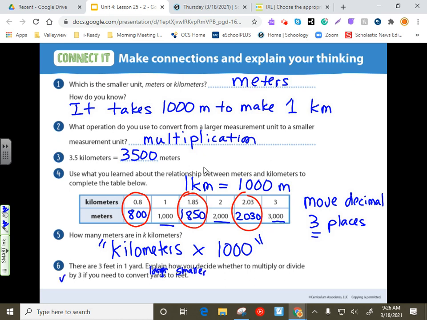So our answer is yards are larger than feet. So we multiply by 3. And that's our rule.